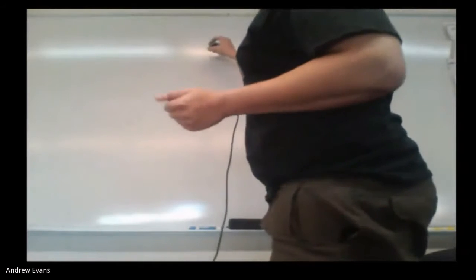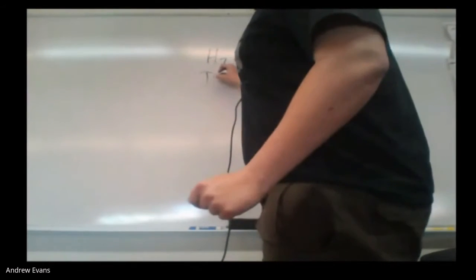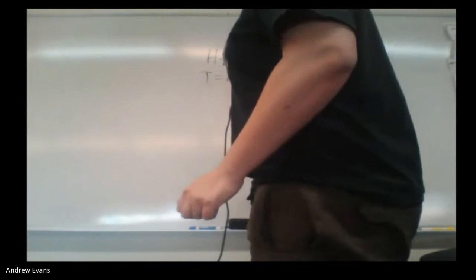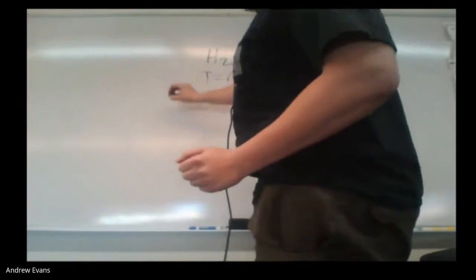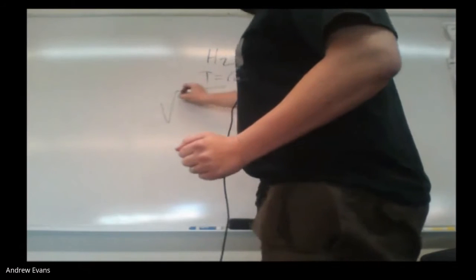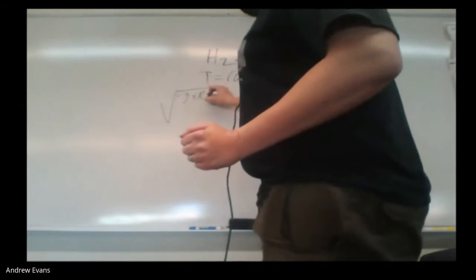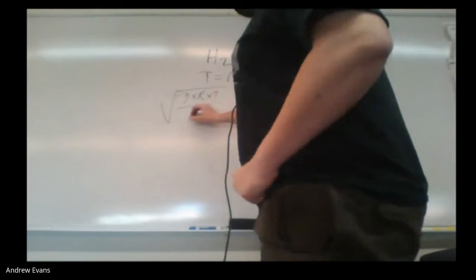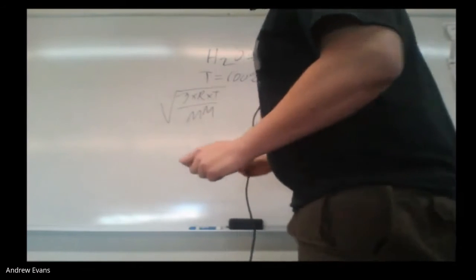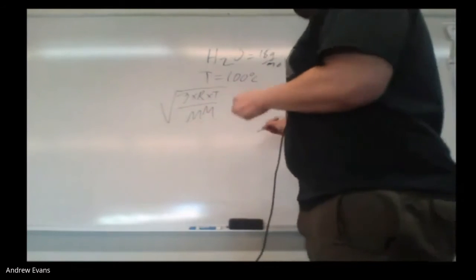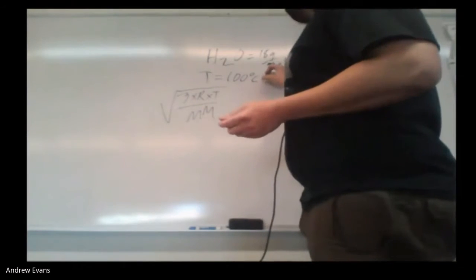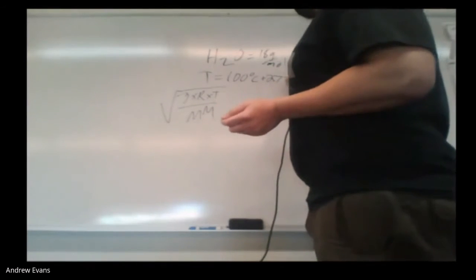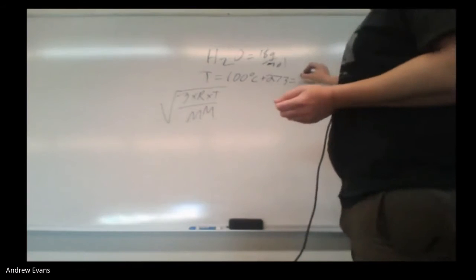So we've got water, which is 18 grams per mole. You have the temperature, which is 100 degrees C. Our equation is the square root of 3RT over molar mass. But for this specific problem, there are a couple of issues we have to deal with. First, we have to turn temperature into Kelvin.